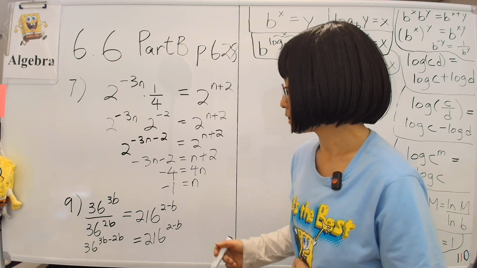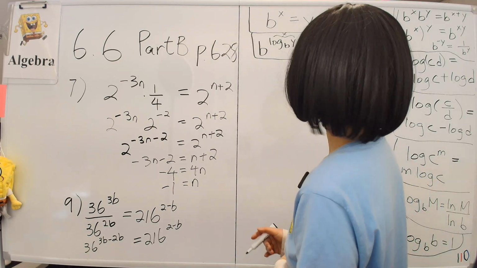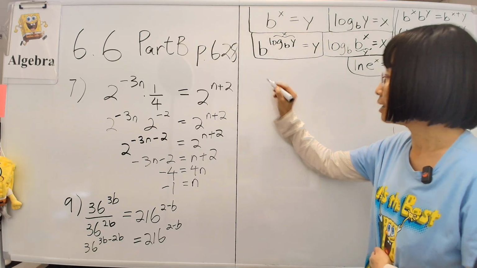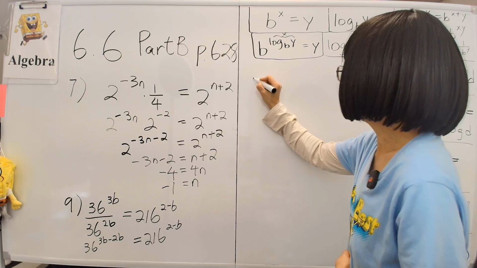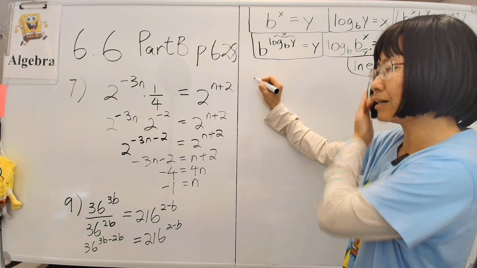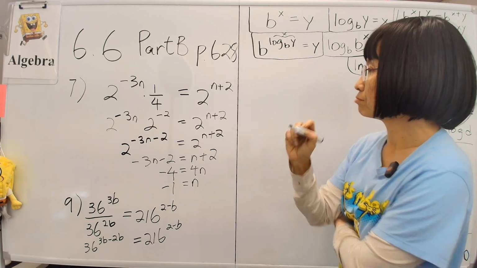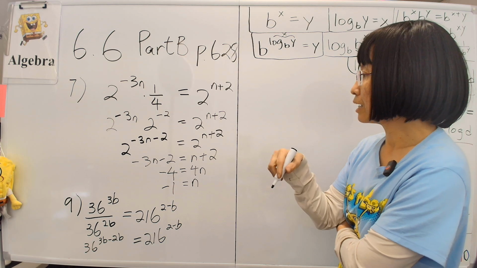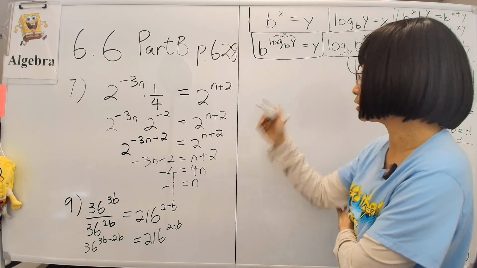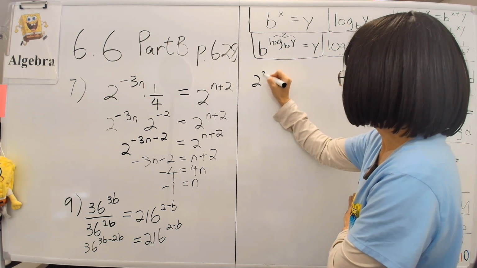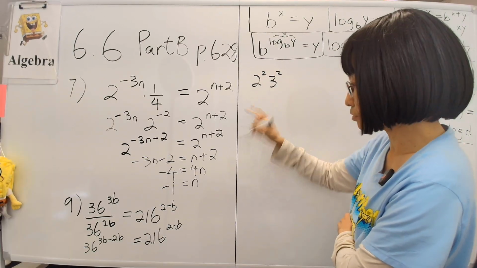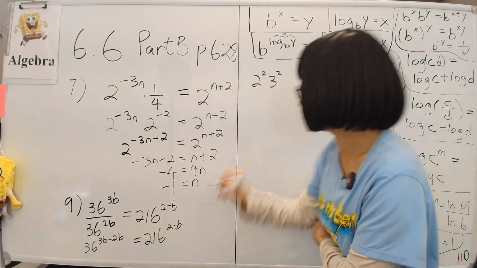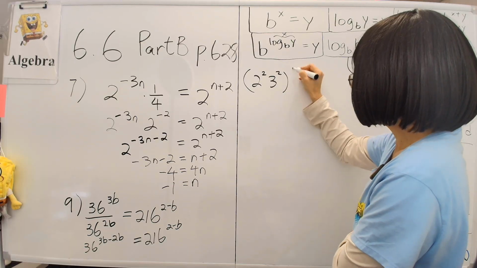What is 36? 36 is 4 times 9, right? Which is 2 squared times 3 squared. And everything is to the power of 3b minus 2b, that's just b.